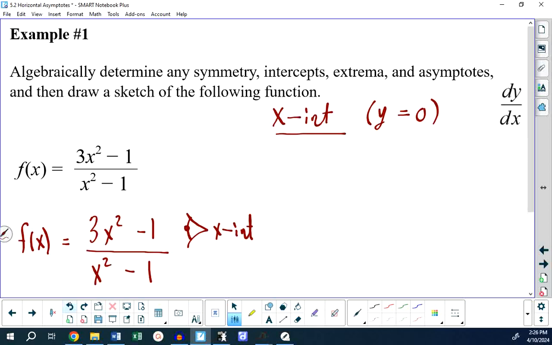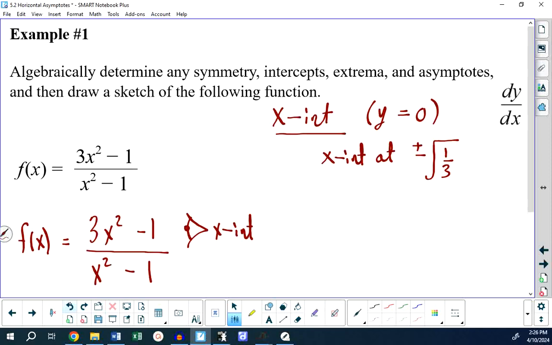So we will have x-intercepts at plus or minus the square root of 1/3. And I hope everybody's with me on that. You set 3x squared minus 1 equal to 0. Add 1 to both sides, divide both sides by 3, take the square root.